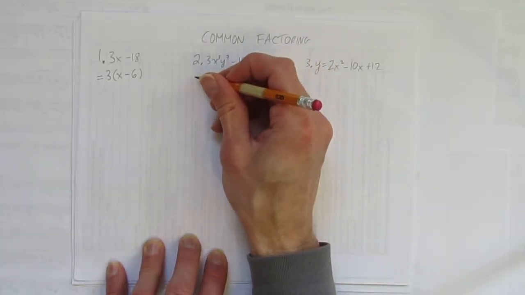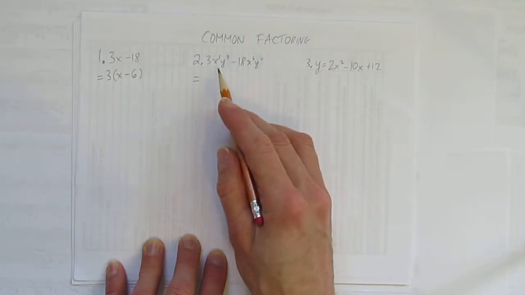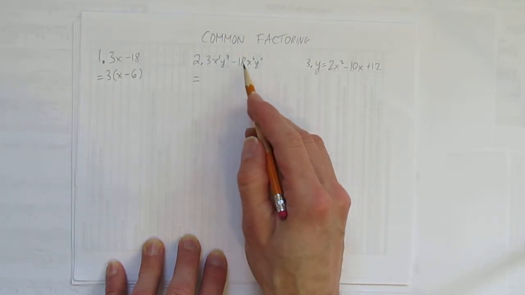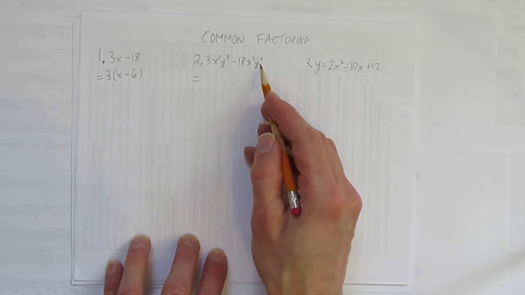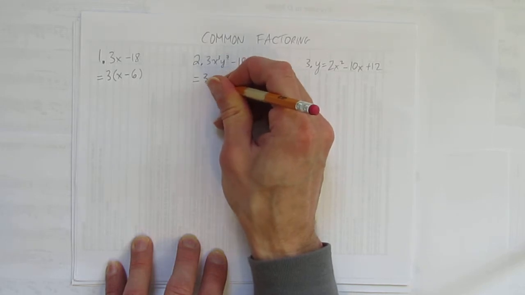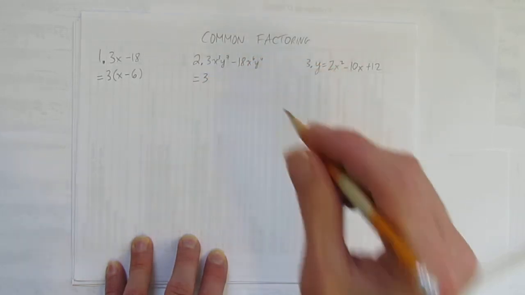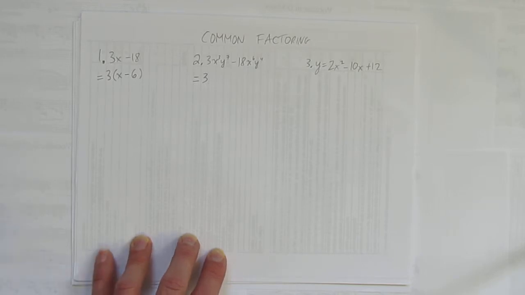Second question is a little more involved because there are a lot more common factors. What goes into 3x cubed y to the power 7 minus 18 times x to the power 6 y to the power 4? Well, same common factor for the numbers, a 3, goes into all of them, but we also want to look at what goes into the letters, in this case x and y.